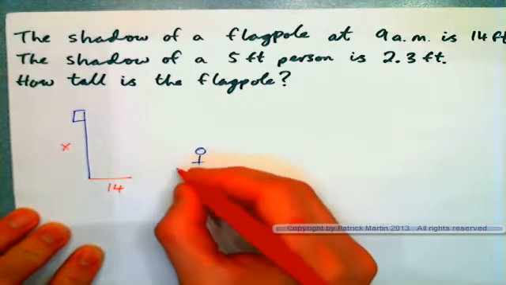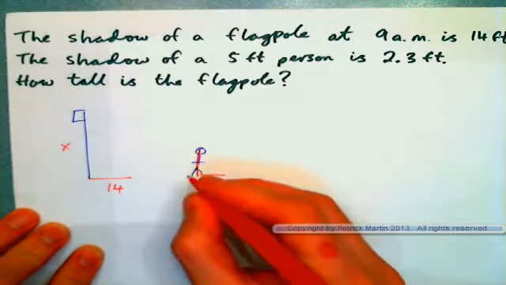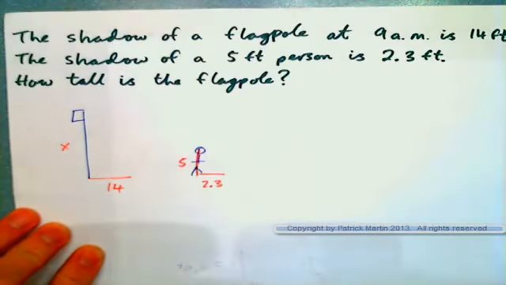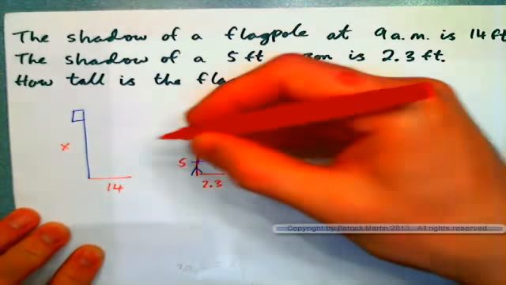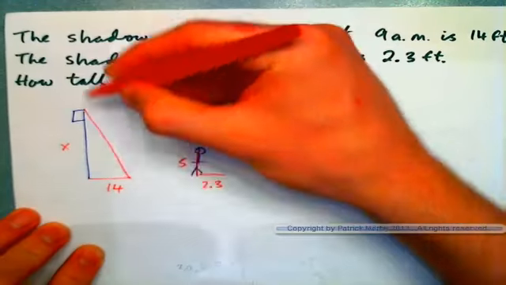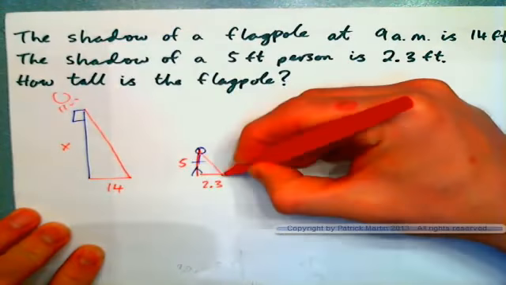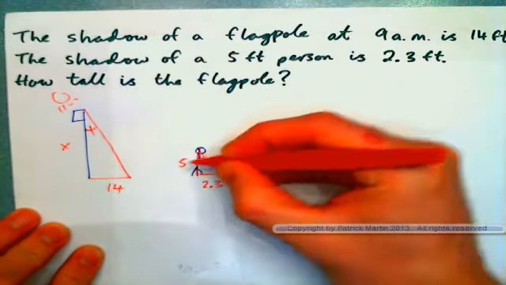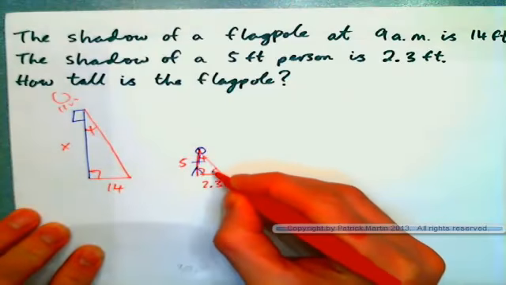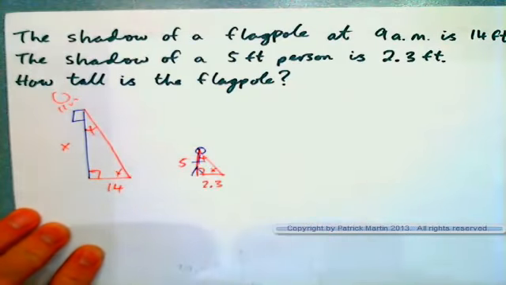The person's height is 5 feet. And the shadow, of course, looks like this. The sun is shining and the shadow comes down, and so we have similar triangles with the same angles, and we can form a proportion.